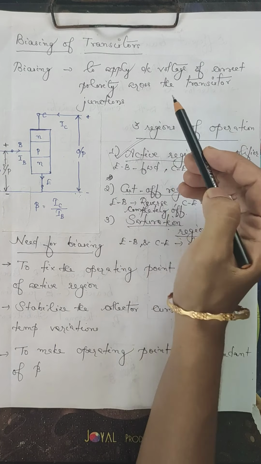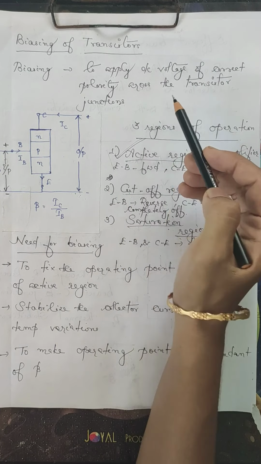So biasing means applying DC voltage of correct polarity across the input and output junctions of a transistor so that the input junction will be forward biased and the output junction reverse biased. Then the transistor will be operating in the active region and it can be used as an amplifier. This is the definition for biasing.